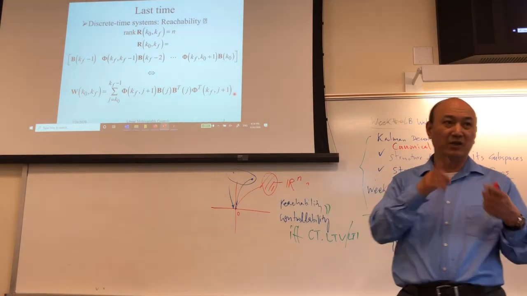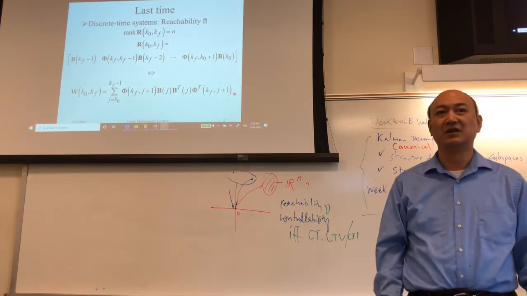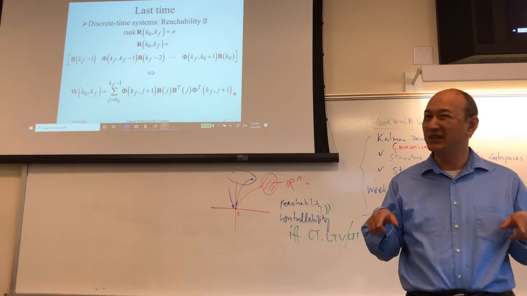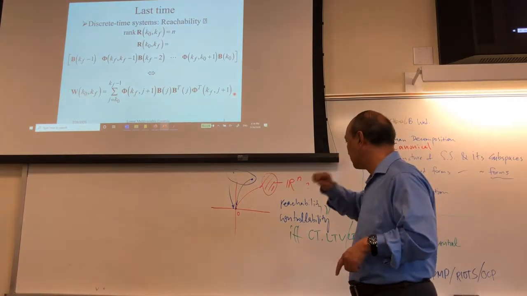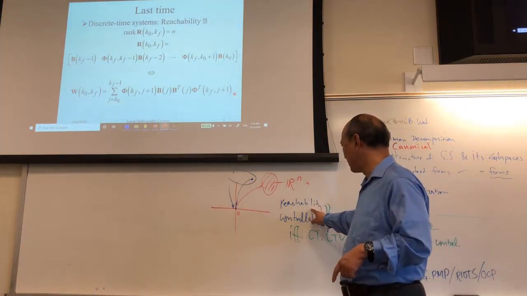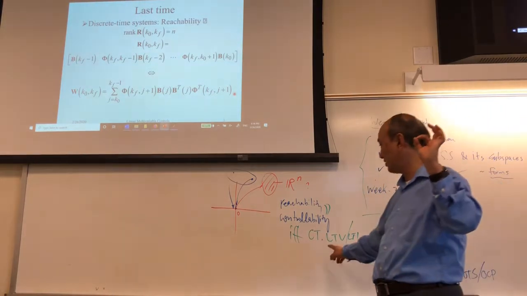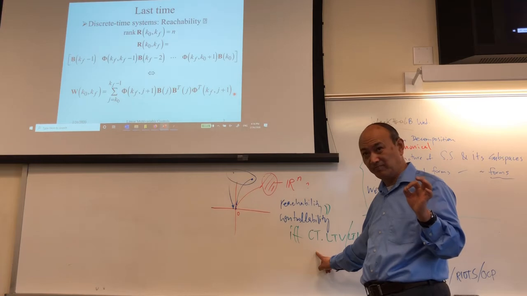I uploaded 2 files in our week 6 files. So please go through that. There is an explicit question. What's the difference between reachability and controllability? The answer is 0 if it is continuous time. They are the same.